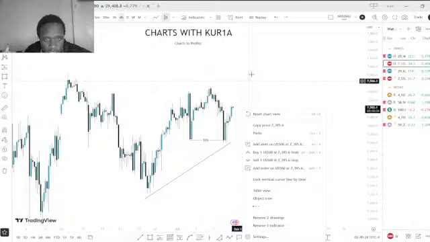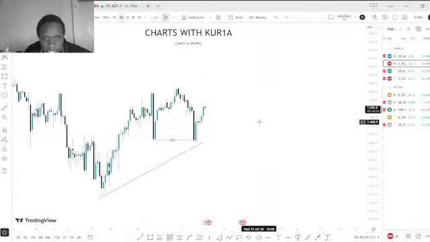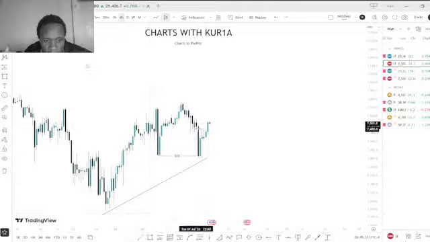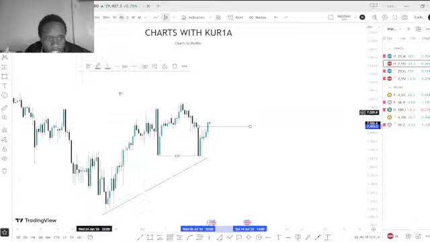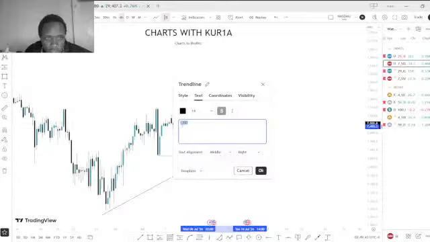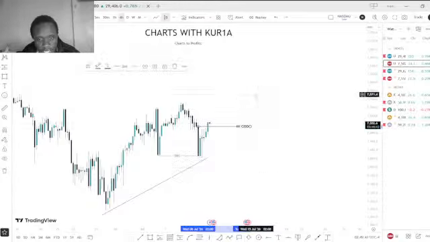And then currently we just got our change in state of delivery to the upside when the 10 p.m. candle closed. So that's a 4 hour change in state. And then maybe we can go to the hour to refine this entry even more, but I think it's already refined.